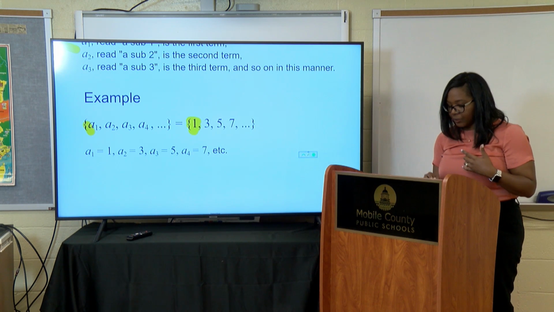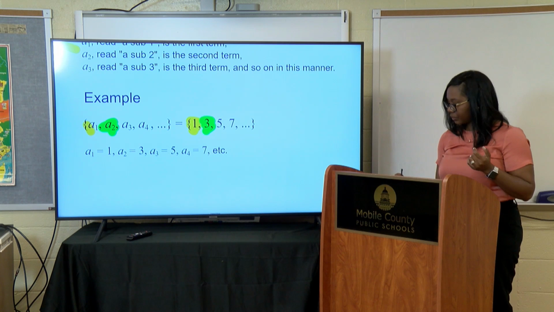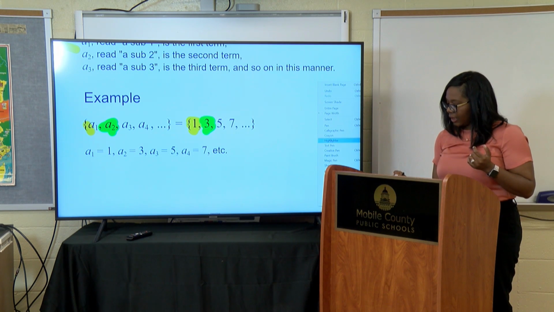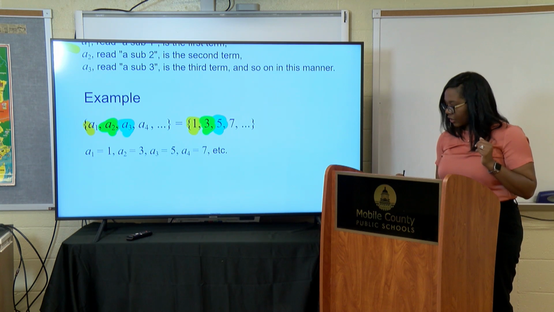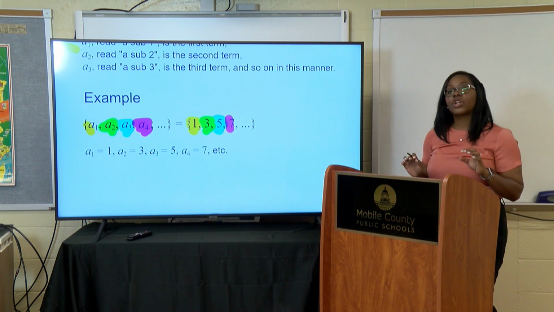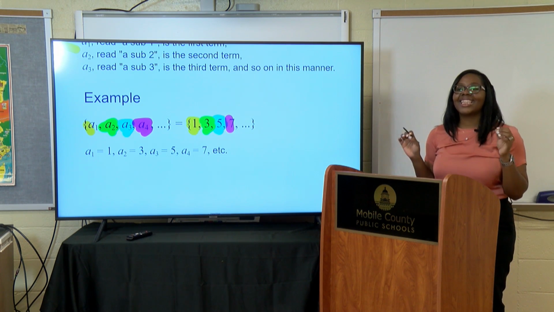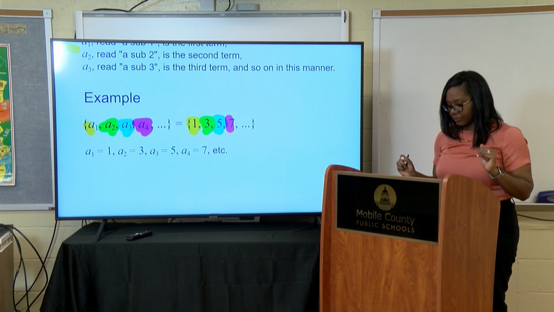A sub 2 is telling me that the second term is 3. Then we have a sub 3, which tells me that my third term is 5. And then a sub 4 lets me know that the fourth term is 7. And the ellipses just means the pattern keeps going forever and ever.